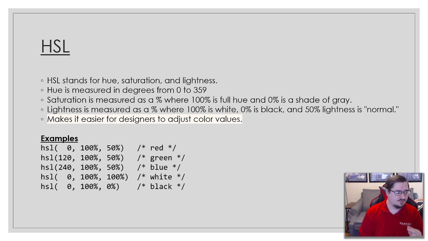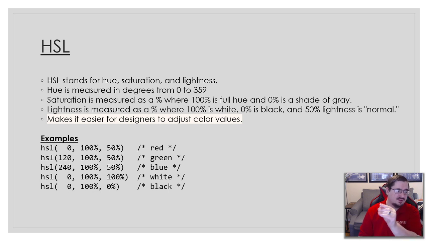So the first measure, the hue, is a number from 0 to 359 degrees. You're going around kind of this color wheel, and that changes the actual color or hue that you're starting with, the primary hue.